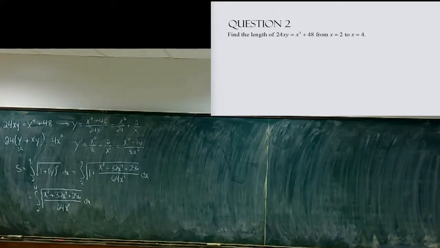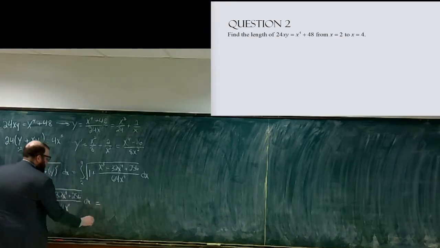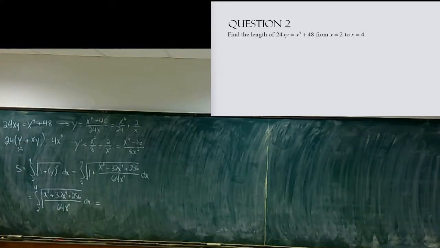Still kind of looks hideous, but it's actually not. It looks like you just changed the minus to a plus, but you got rid of the 1. This is quite nice. Can we do a sub like u equals x to the power of 4? You would not be able to do that because you don't have a 4x cubed, you don't have an x cubed dx.